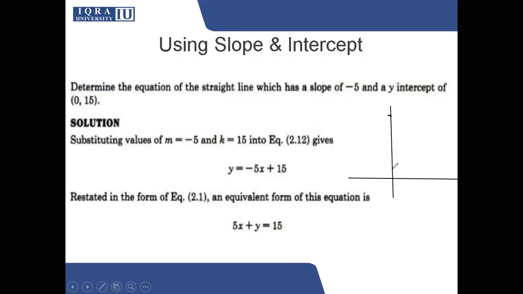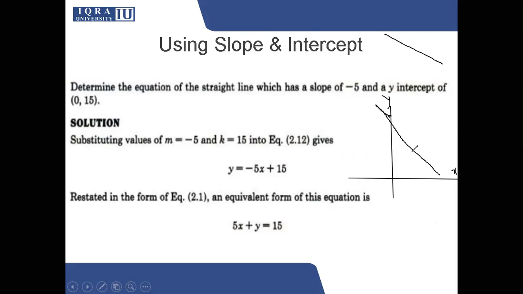This point is 0, 15, the y-intercept. This is the y-axis and this is the x-axis. Now my straight line has a slope of -5. Remember, if the slope is negative, that means the line is falling down. So I know my line is falling down and goes through this point. So my line will roughly look like this, and we need to find the equation of this line.